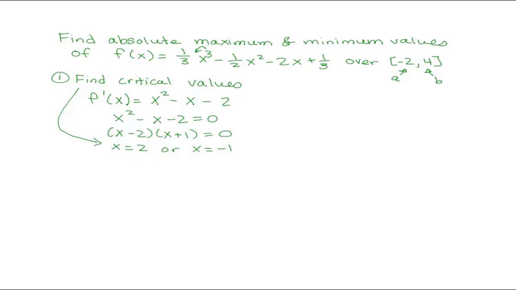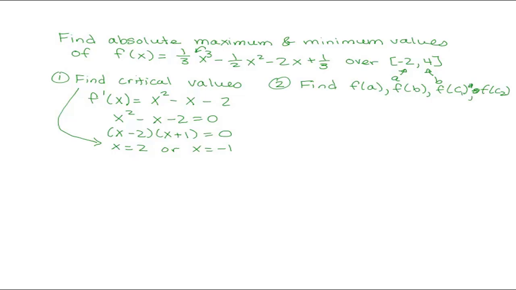Next, let's find our function values at the left endpoint, the right endpoint, and all the critical values, so f of a, f of b, and f of c1 and f of c2, because there are only 2 critical values.